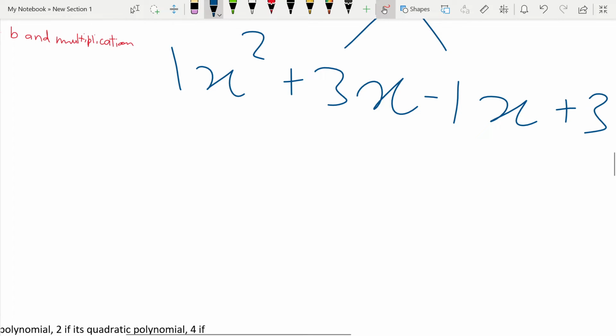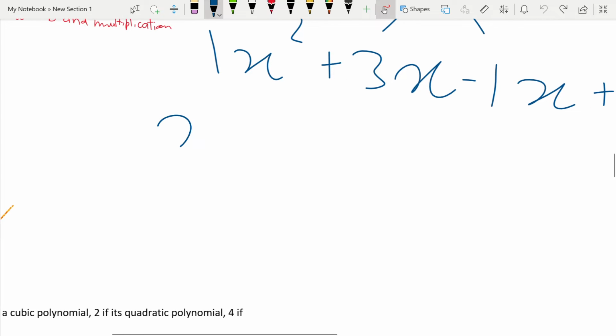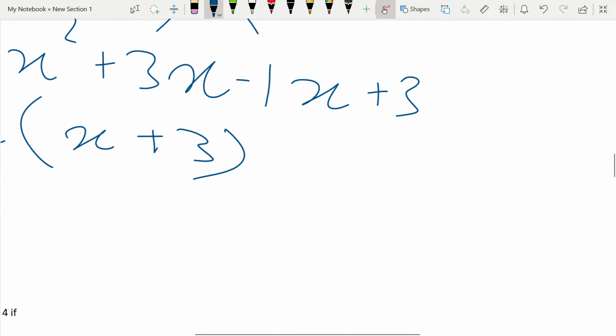We've got x common. So we have got 1x because it's x squared, and we've got plus 3 because we took away the x, so we are left with 3. Then minus, we will have to see what we need. So what's common in these two?